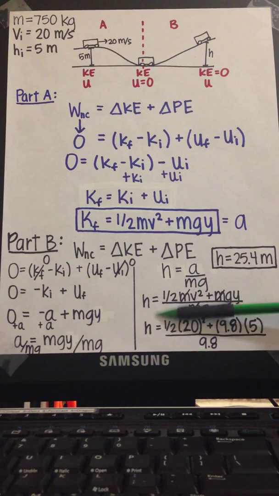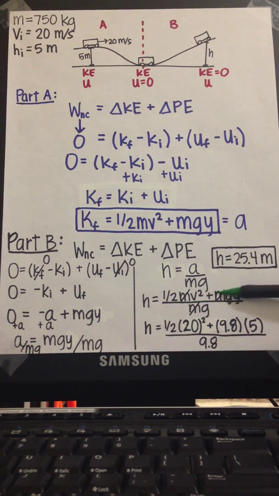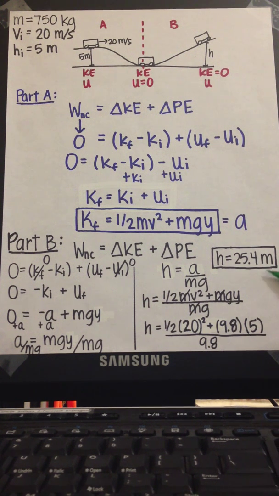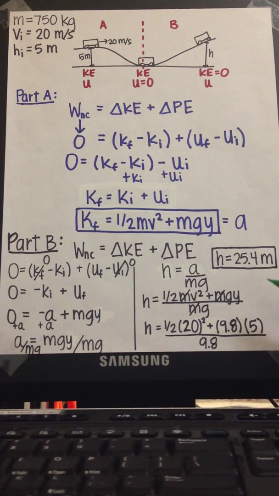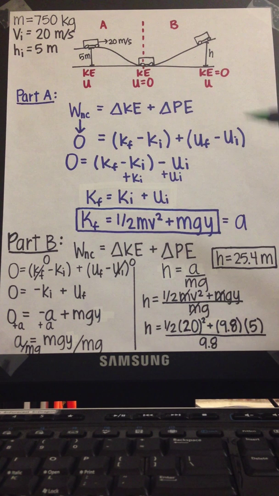Once you get h equals A over mg, you put in this for A. So you get h equals 1/2 mv squared plus mgy over mg, and all the m's cancel out. So then you get h equals 1/2 v squared plus gy over g. Once you put all your values in for your variables and calculate it, you get that the maximum height for the car was 25.4 meters.